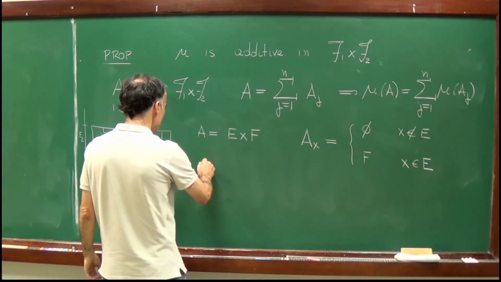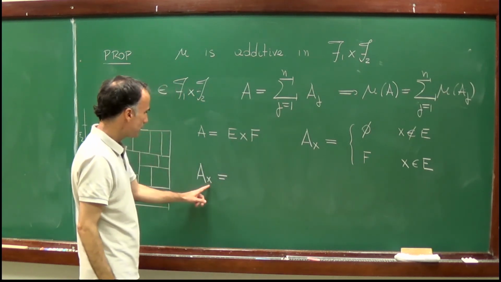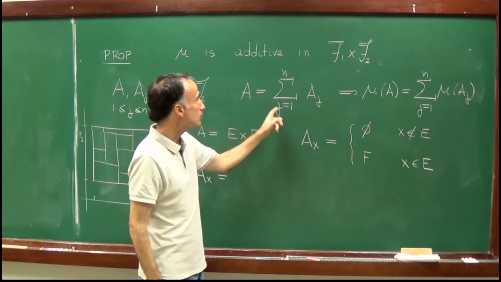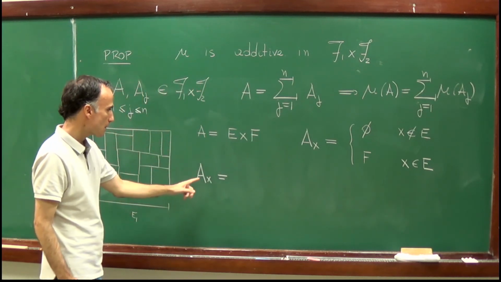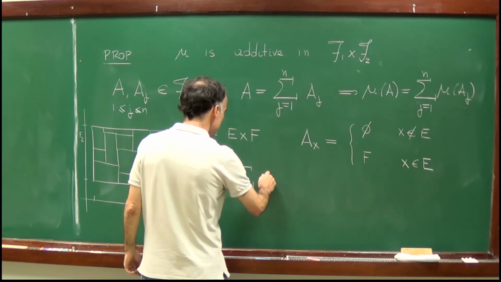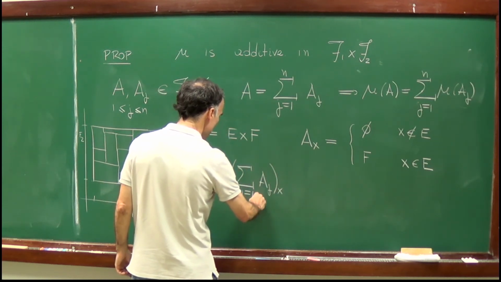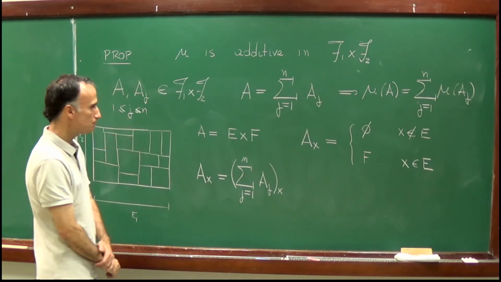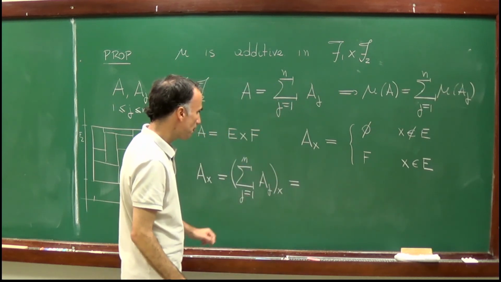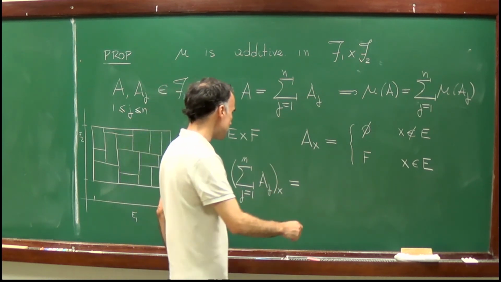On the other hand, we also have seen, in the previous lemma, that if I take A, which is the union of some sets AJ, and I take the section at x of this union, it is the union of the sections.